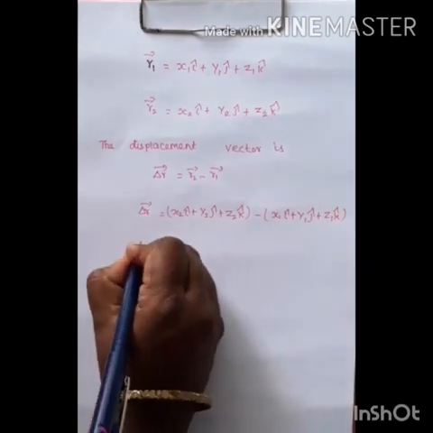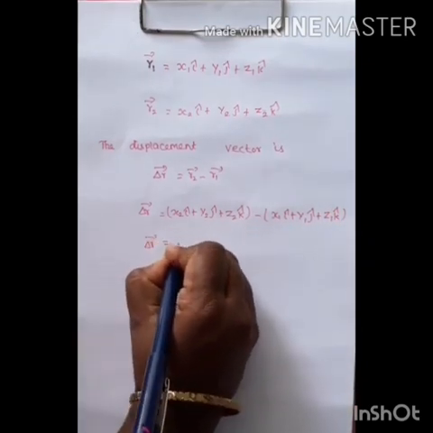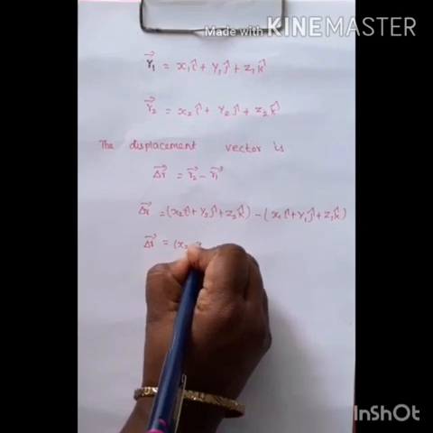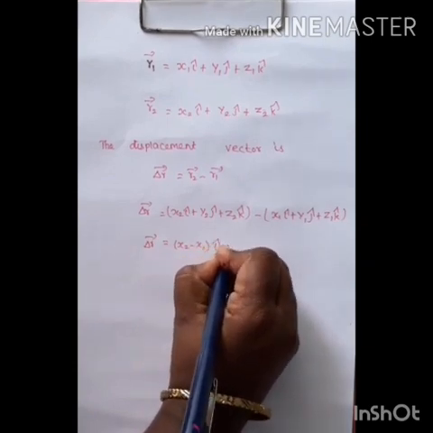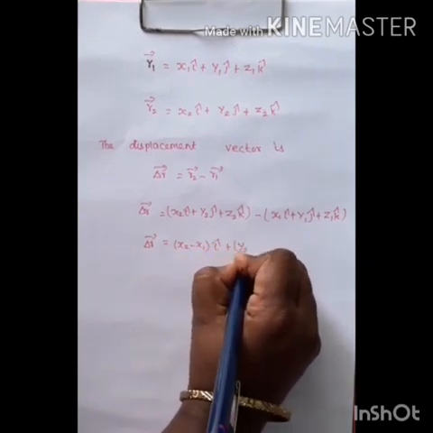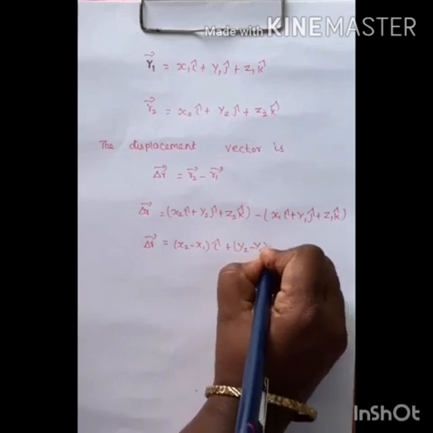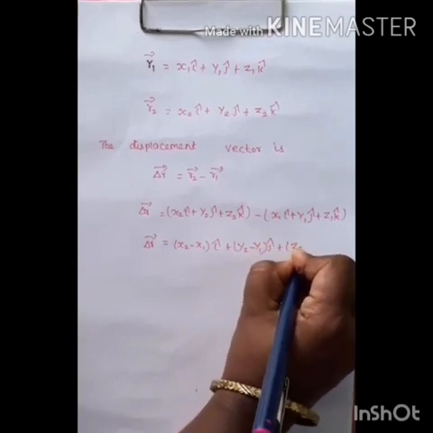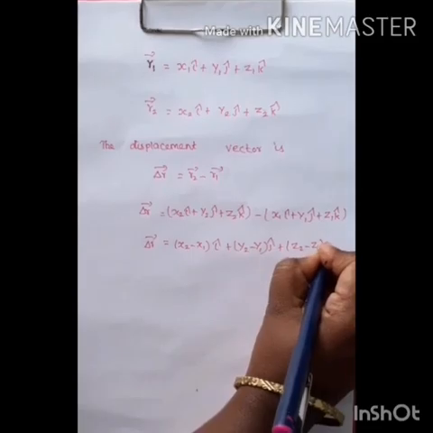Therefore, we arrange this equation. Del r vector is equal to x2 minus x1 into i cap plus y2 minus y1 into j cap plus z2 minus z1 into k cap.